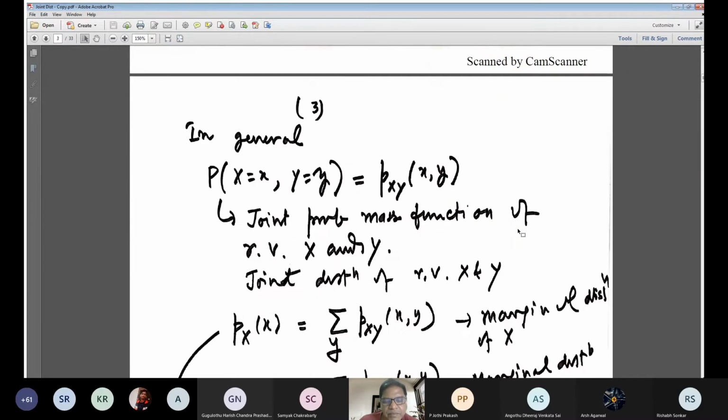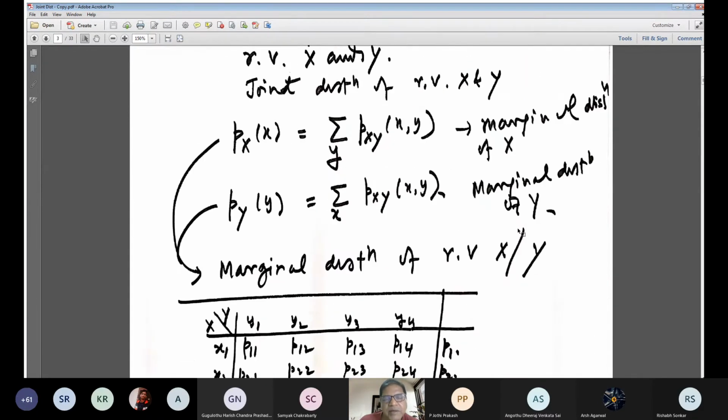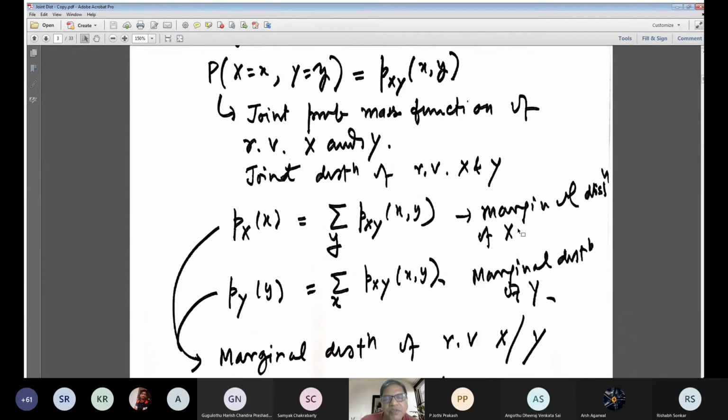Ultimately, as you have seen, we use the standard notation probability X equal to x, Y equal to y, and we put the subscript in a small p, XY, just to indicate the random variables, and in the bracket the values taken by random variables X and Y. So X corresponds to small x, Y corresponds to small y.